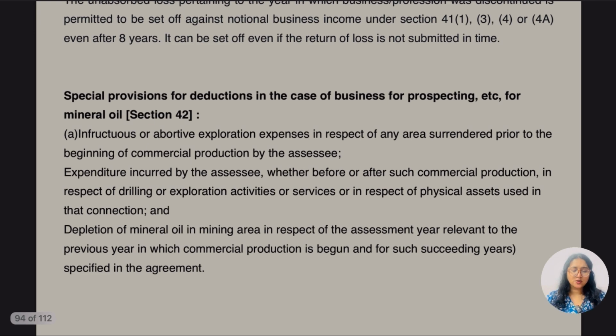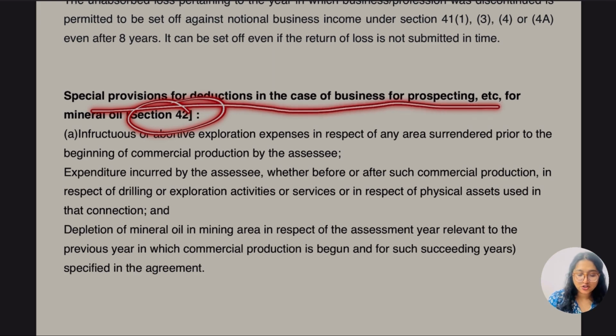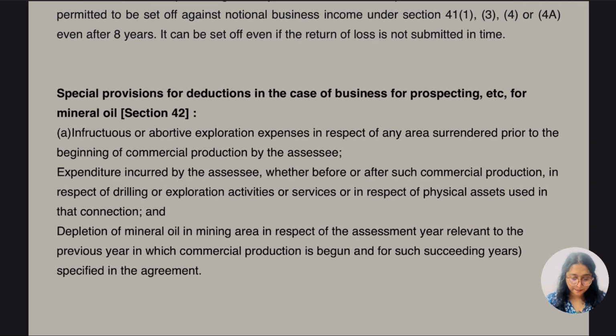Okay, so let's go for the last section of this lecture, Section 42, which is related to special provision for deduction in case of business for prospecting etc. of mineral oil.